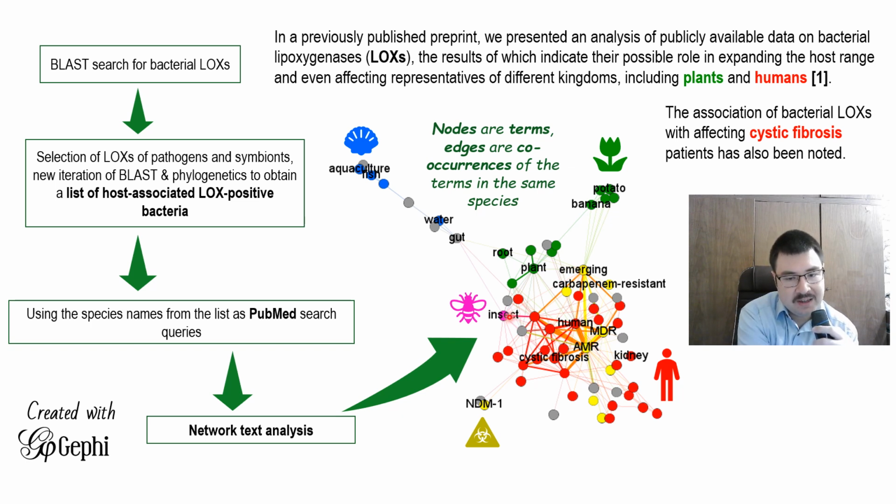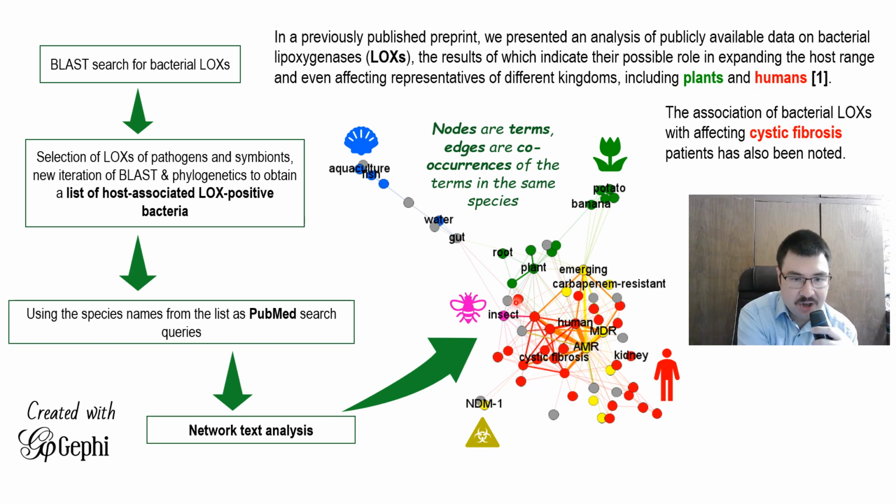We have found that for lipoxygenase-positive bacteria, it is very characteristic to affect plants as symbiosis or as pathogenesis, affect humans, especially patients of hospital, nosocomial pathogenesis, and cystic fibrosis patients.